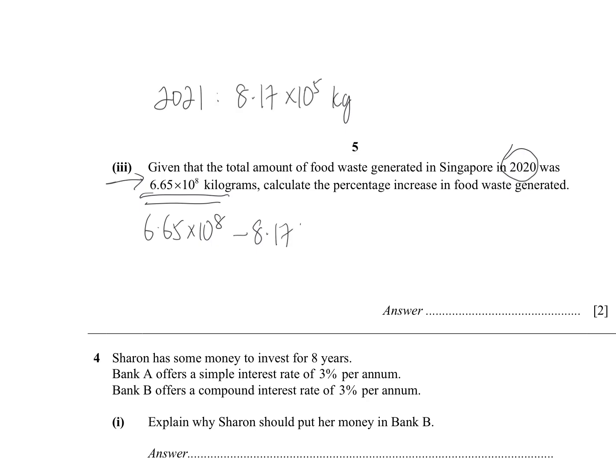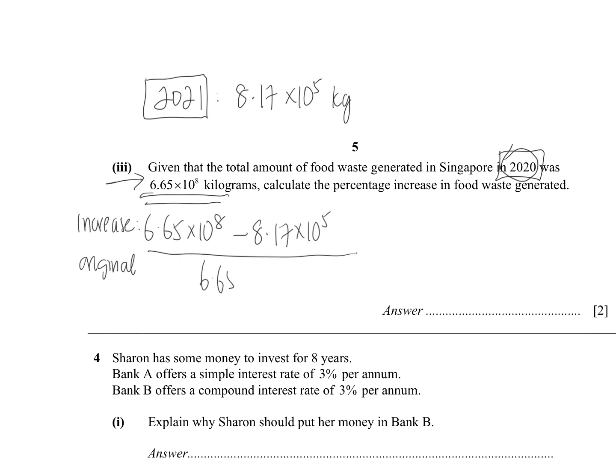So big minus small, when you find increase, you always use the difference. Then we over original. Original means the original year you started off with. You don't use 2021. You started from 2020, then you compare with 2021. So this is the one you put below.